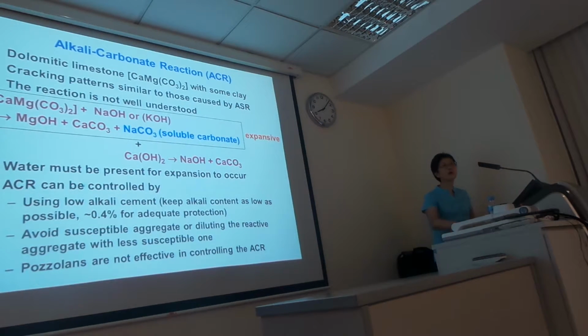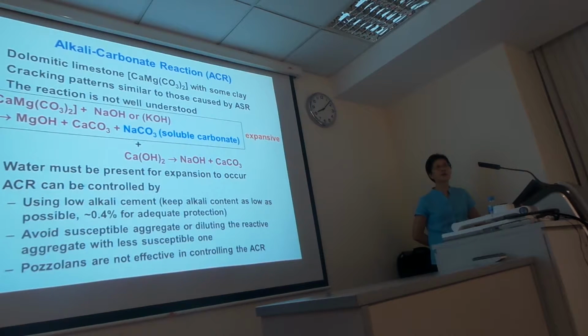So in the situation when we're dealing with the dolomitic limestone type of alkaline aggregate reaction, water is actually a main component which is essential for the expansion, similar to the situation when you're dealing with alkali silica reaction. So one thing different from alkali silica reaction: Dr. Kim mentioned one of the things we can do to reduce the alkali silica reaction is using some supplementary cementing material, such as fly ash or slag.